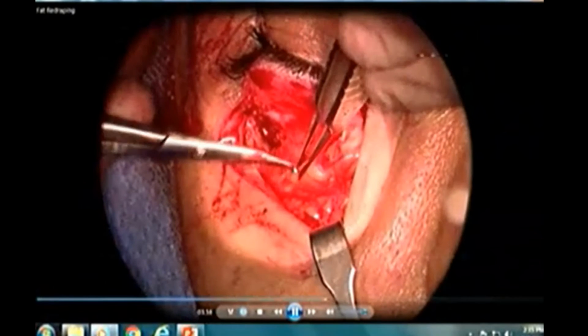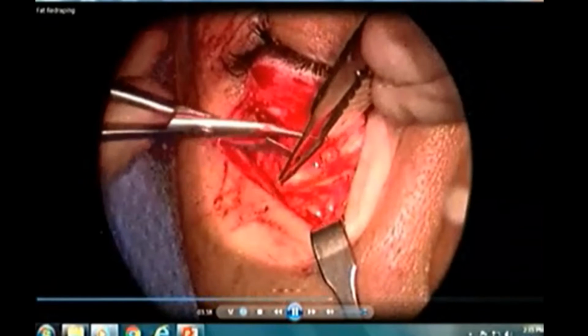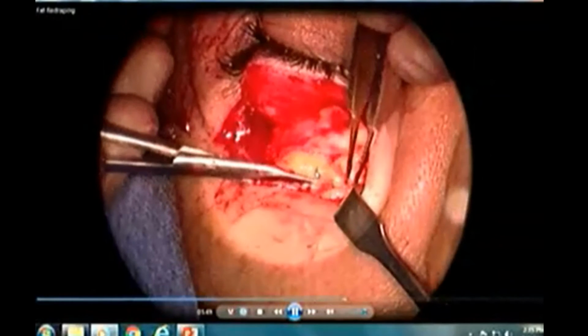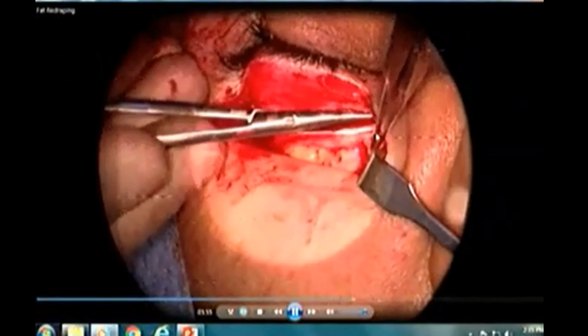Then for the medial fat pad, I open the capsule and excise just a little amount of fat with it. So this is a medial fat pad. Then I go for the, I'm sorry, this is the central fat pad. This is the medial fat pad.